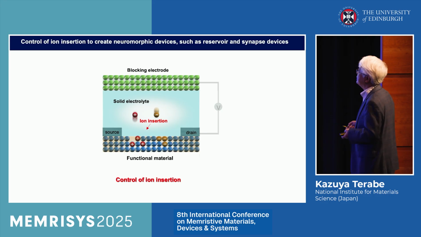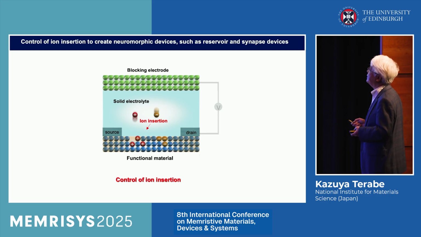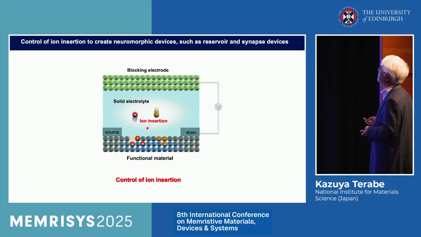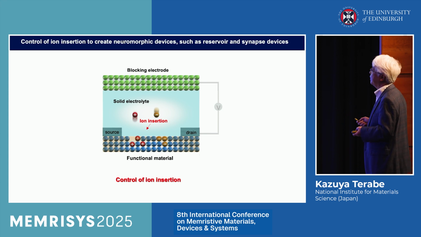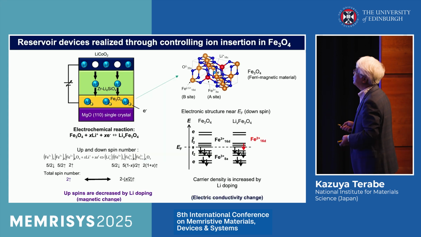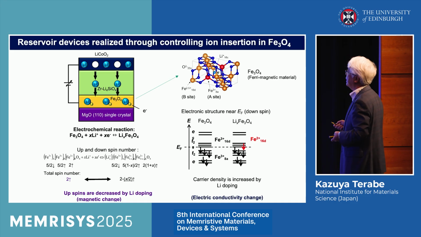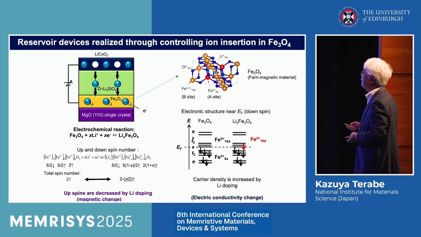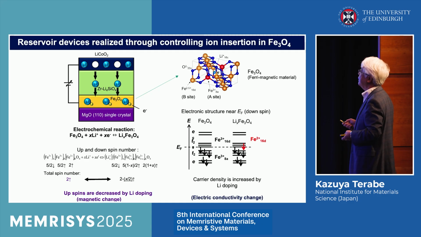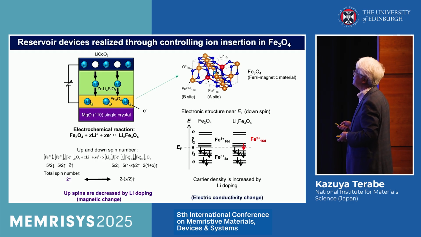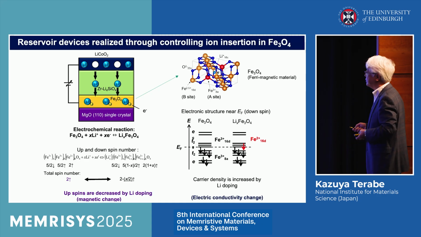Okay, next is also an ion insertion created neuromorphic device such as the reservoir device. This is electrochemical: this is a lithium conductor, this is magnetite. If voltage is applied, lithium is inserted into the magnetite. According to the lithium insertion into the magnetite, such an electrochemical reaction occurs, and we can control the up and down spin number.